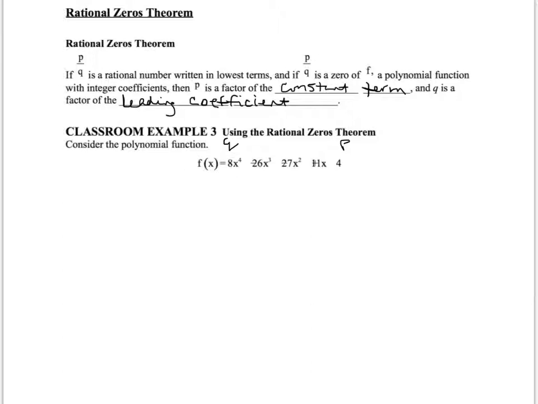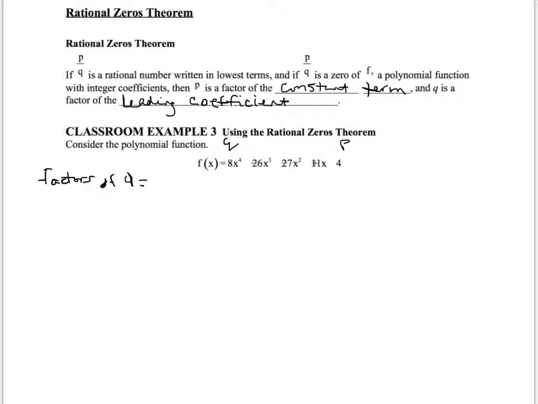Okay, so what we have to do is come up with a list of the factors of 4. Now, when I say factors of 4, I mean tell me every possible number that could possibly divide into 4 evenly. And keep in mind, we're going to have both positives and negatives. So we really double up all the possibilities here.